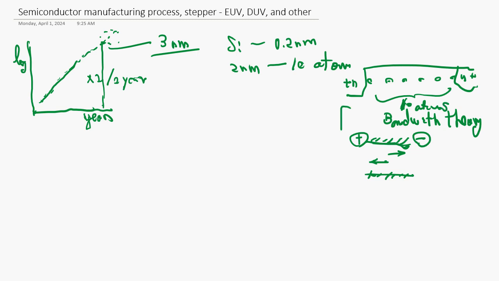That's a big question. When it comes to 10 atoms, more and more quantum effects probably come in, and this theory probably doesn't apply anymore. The energy band created by the crystal is not going to be good enough to describe the behavior of electrons and holes here.